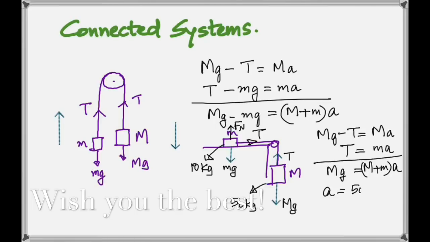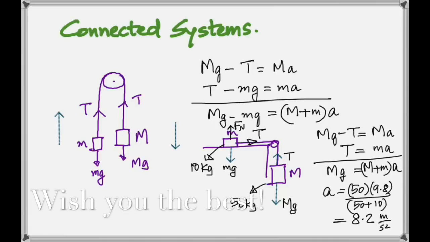All right, so in this one, when you substituted, I'm thinking you should have got this as the answer. Is that what you got? 8.2 meter per second squared. And then you put it back into this equation, or this one, if you want to take the tougher route. You will get your answer.